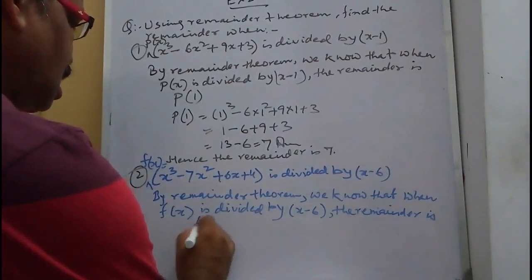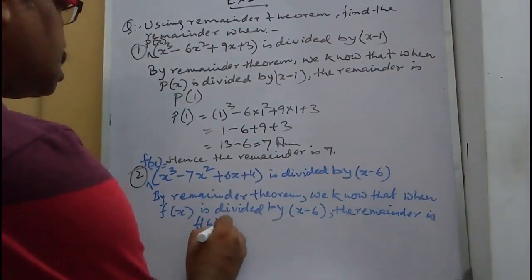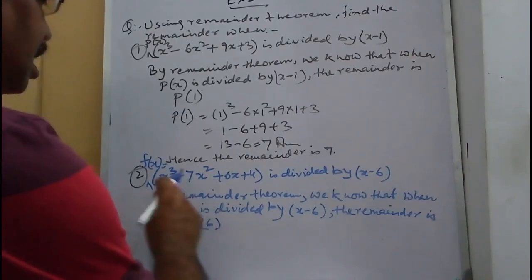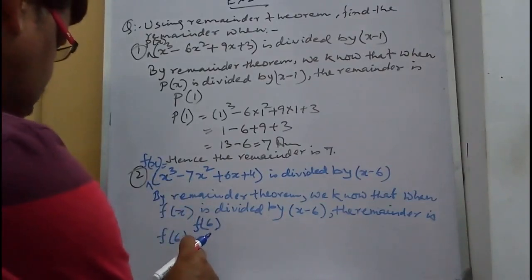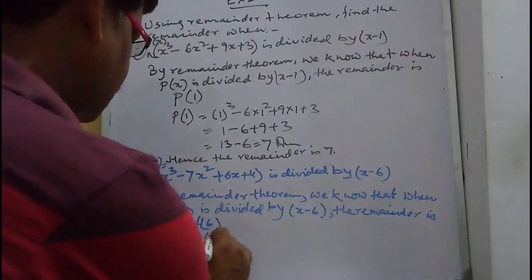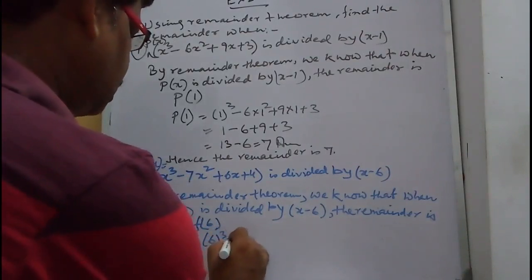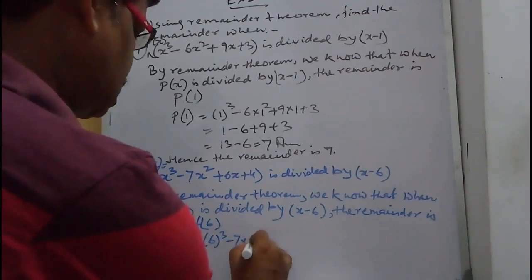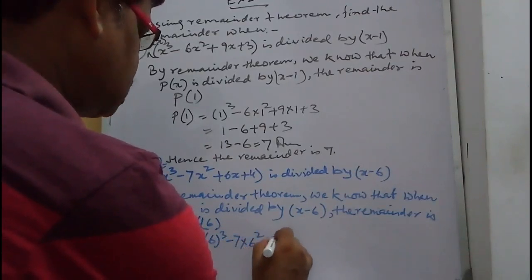So now f6, in place of x write 6, so 6 cube minus 7 into 6 square plus 6 into 6 plus 4.